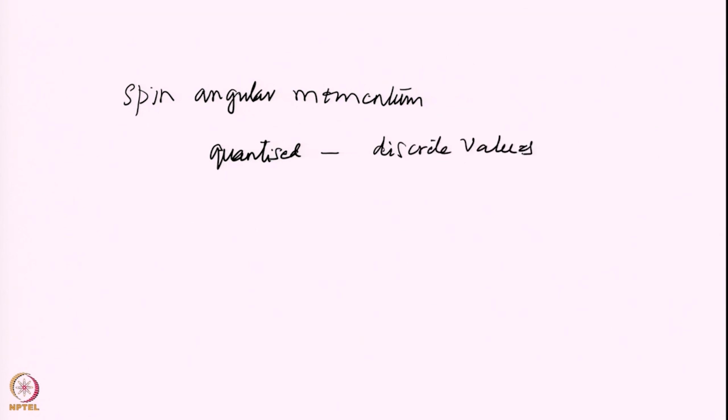And it can have various values. It is indicated by a particular number known as the quantum number. There is a spin angular momentum quantum number.